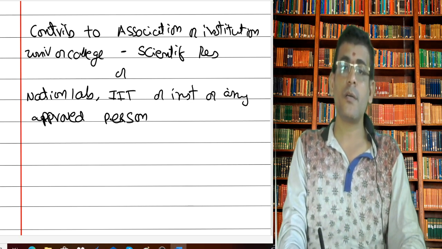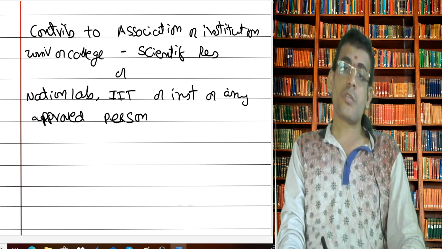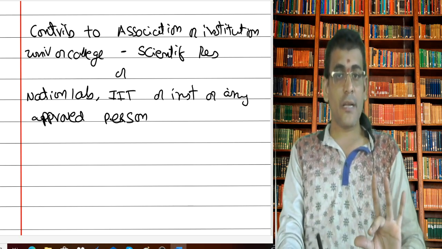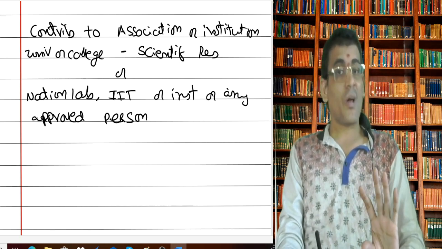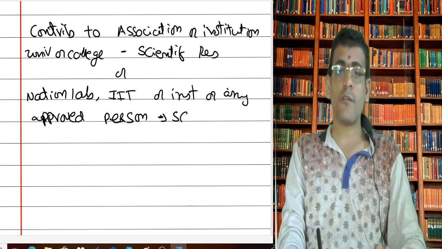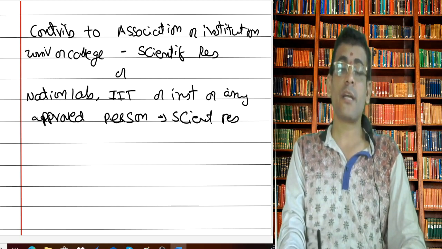So what we are doing here is a contribution to an association or institution, university or college which is carrying on scientific research, or a national laboratory or IIT or institution or an approved person. They are also engaged in doing approved scientific research.